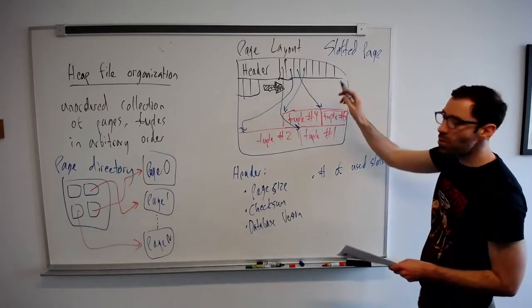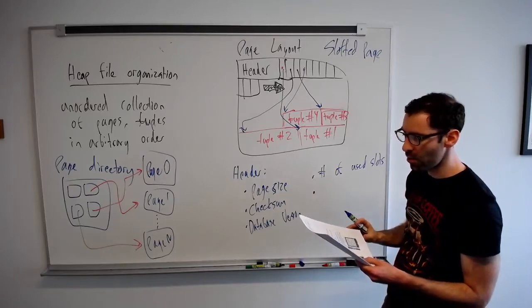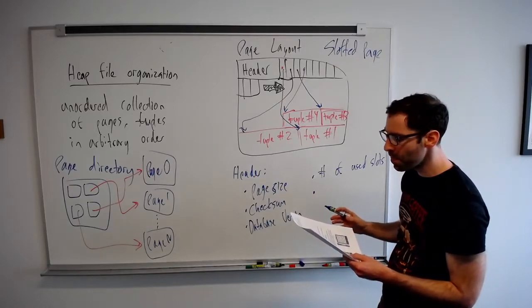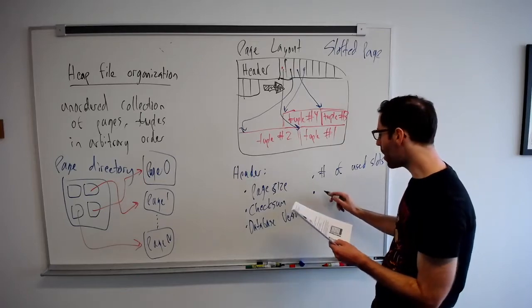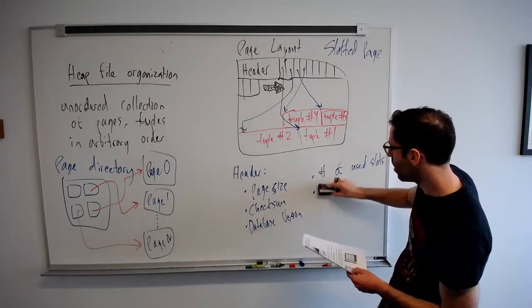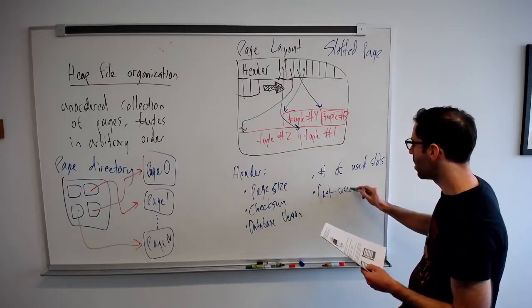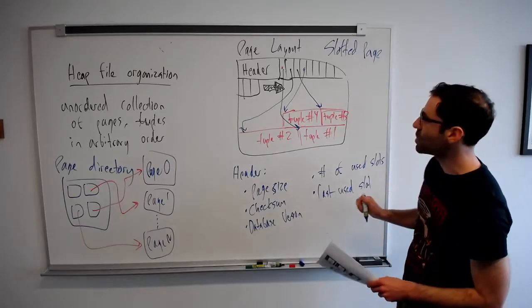And in our header, we can also keep track of the number of used slots, the number of tuples referred to by our slot array, and the last used slot.